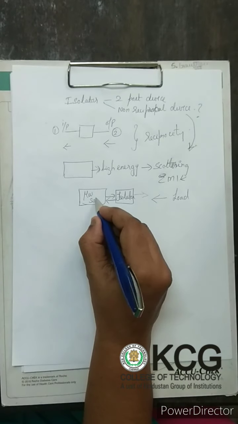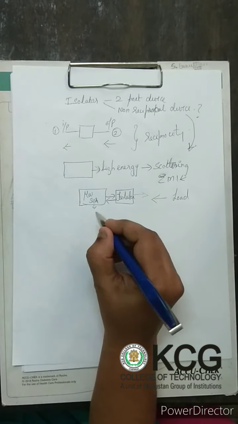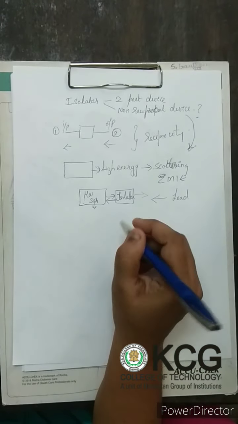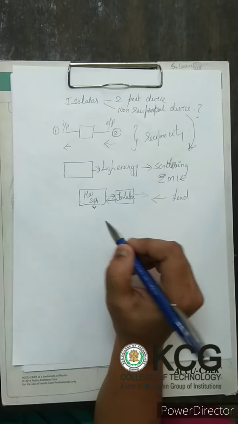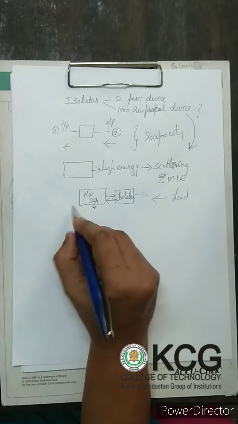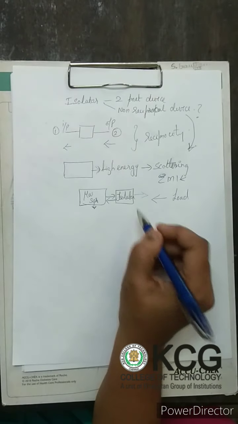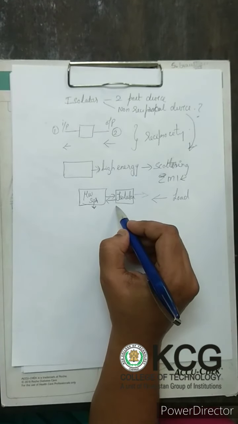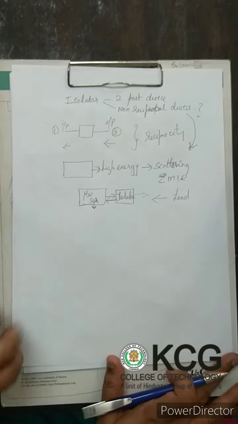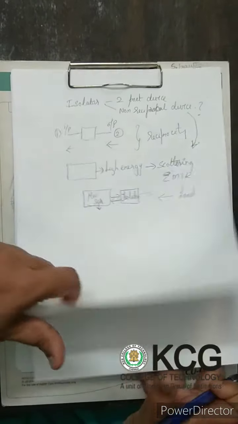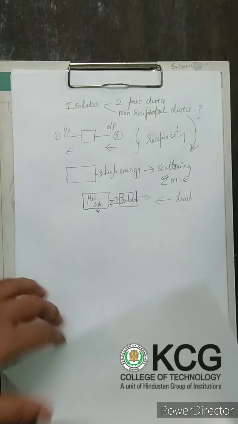Technically speaking, a microwave source is very expensive and complicated to build because it generates very high frequency and very high energy. So we should not damage the microwave source, and we use an isolator here to avoid this condition. Now we'll see the working principle of an isolator.